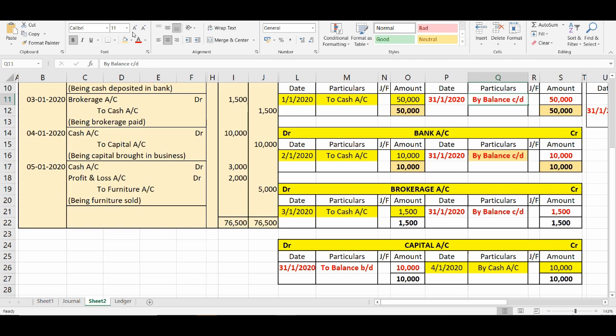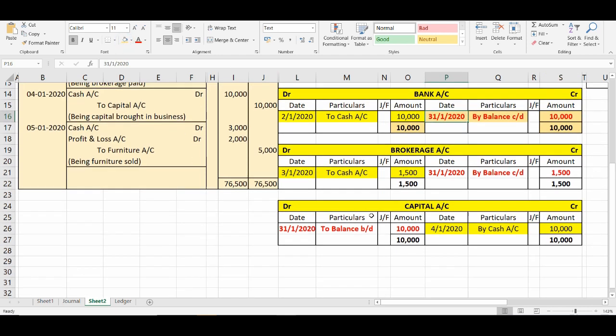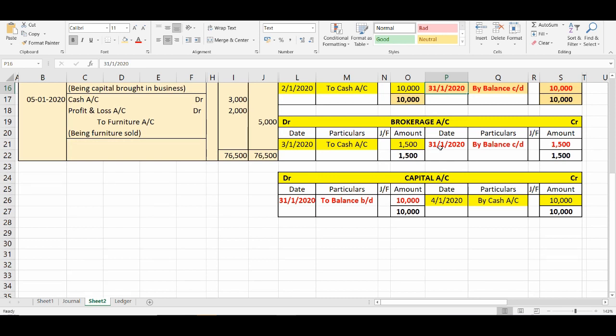Similarly over here, the balance carried down will be 10,000, since no entry was passed on the last date of the month. Same for brokerage. Last entry was 1,500 for cash account, so that's the highest. Similarly, now the remaining balance will be carried down, which is again 1,500.